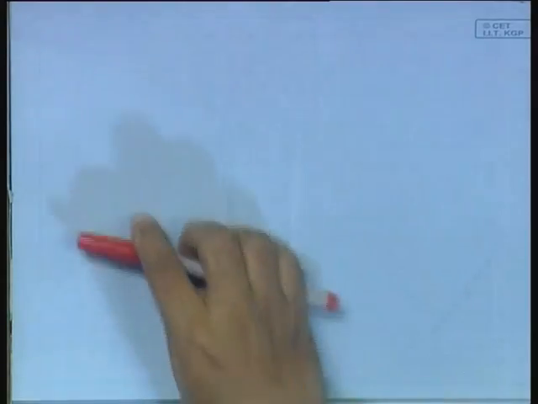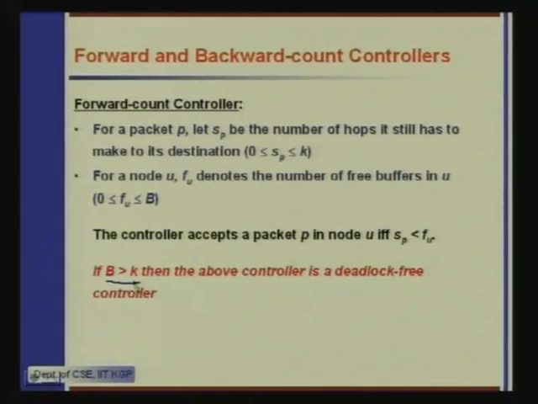Now, we will show that the controller is deadlock free. We will start the proof of the fact that if B is greater than K, then the above controller is a deadlock free controller. So, the first thing that we will see is that when all buffers are free at a node U, then the node will always accept packets. Why?